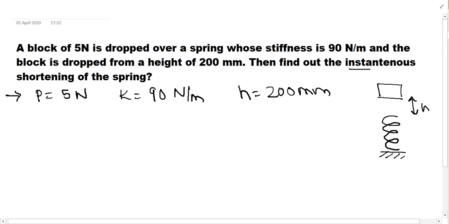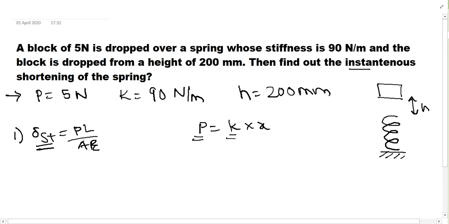Now when we use this formula, step 1, in case of an element, delta static is equal to PL by AE. This is nothing but the deformation or elongation, and this is the load. If we compare this with a spring, P is equal to K into X. This is the load, this is the stiffness of the spring, and this is the deformation.